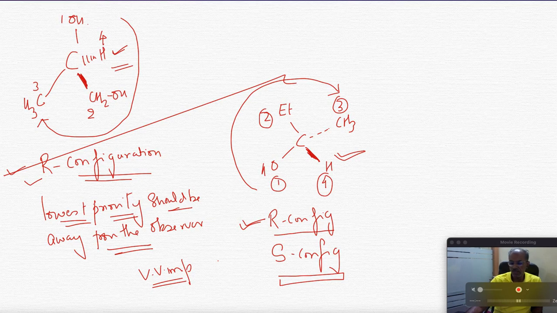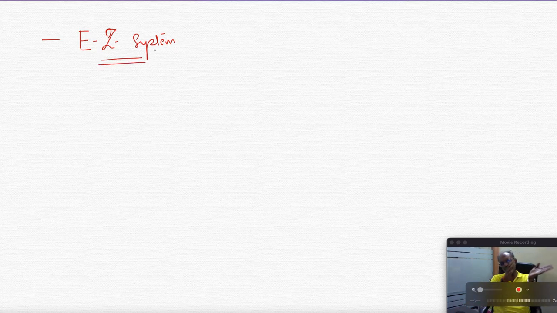Now, as we saw R and S type of configuration, the another configuration is the E and Z system of configuration, of nomenclature basically. But this E and Z system of nomenclature, as in the previous case, R and S was meant only for asymmetric carbon atom.